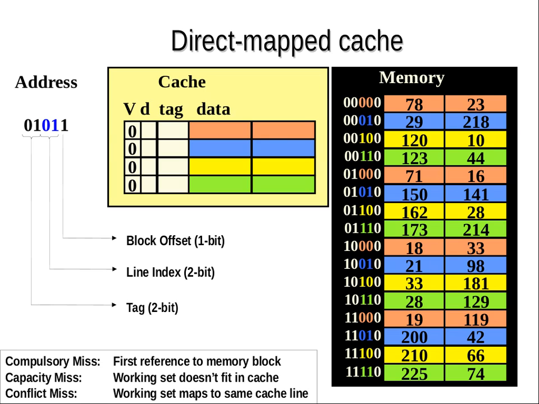If we call it a direct map cache, which is not fully associative, you can think of this as a one-way associative map. That means each line in the cache can only map directly to certain parts of memory. So for example, here orange can only go to those orange lines, blue can only go to blue lines, yellow can only go to yellow, and green can only go to green.